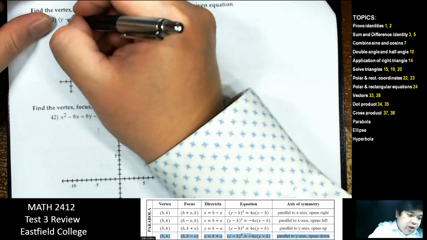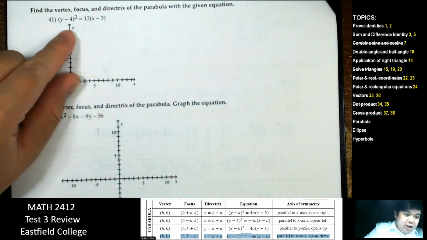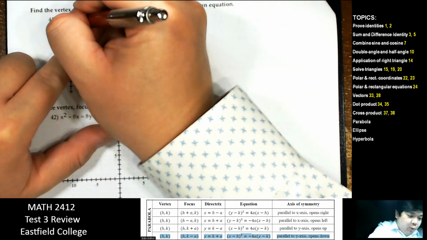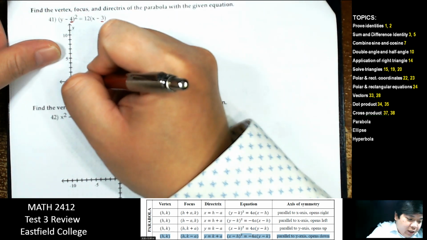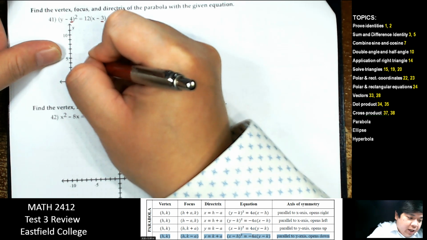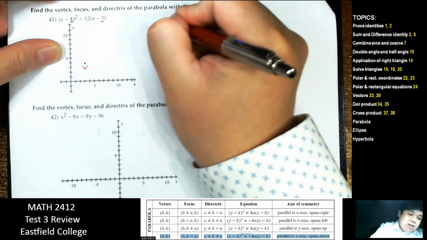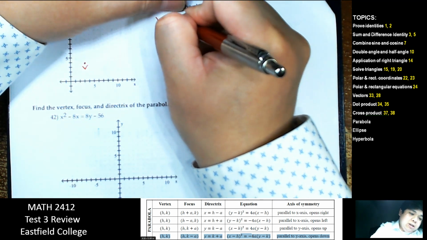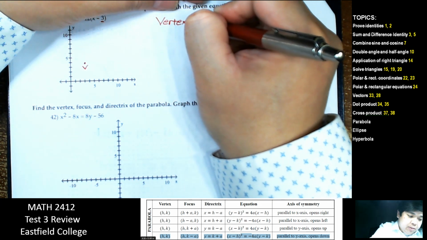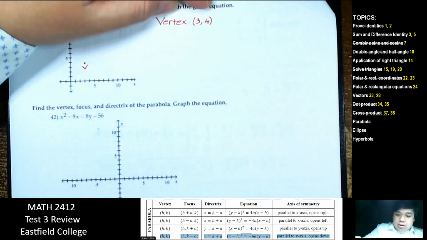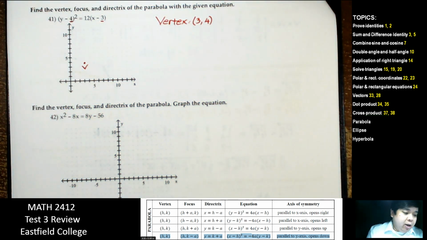Right, so on this one we know we have y minus 4, x minus 3, so x equal to 3, y equal to 4. That is the vertex. Right.